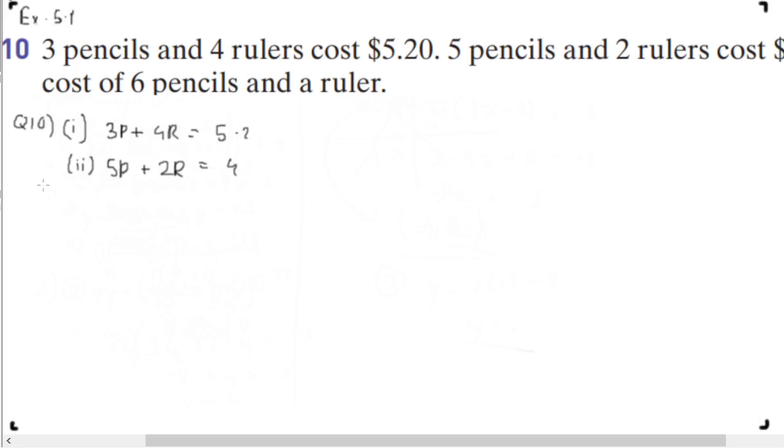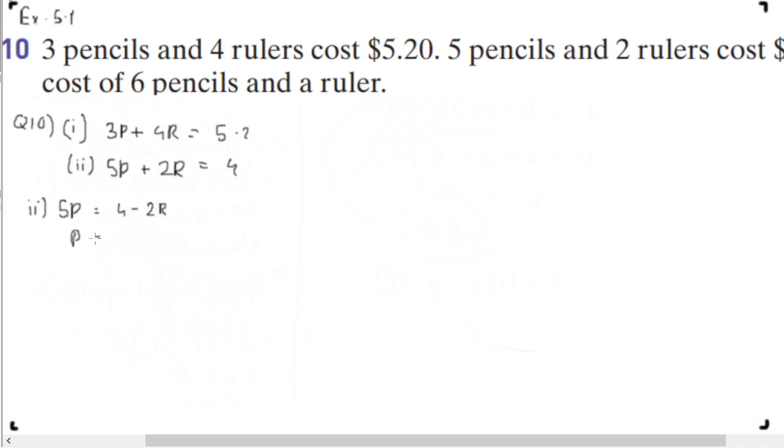So for equation number 2, I can find that 5p is equal to 4 minus 2r.